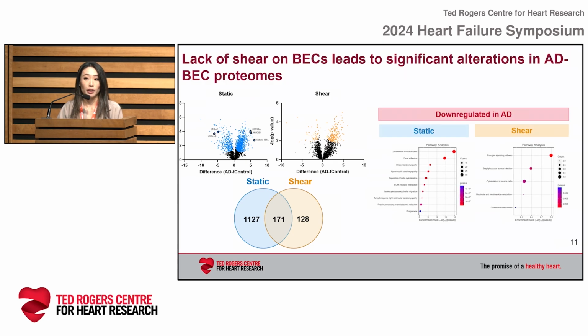When we conduct pathway analysis on some of these differentially expressed proteins, we observe not only differential expression in pathways related to key endothelial functions like actin remodeling and extracellular matrix proteins, but also pathways related to cardiac diseases. And this may suggest that differential protein expression observed in our static co-cultures may share characteristics with that of vascular dysfunction and cardiovascular disease.